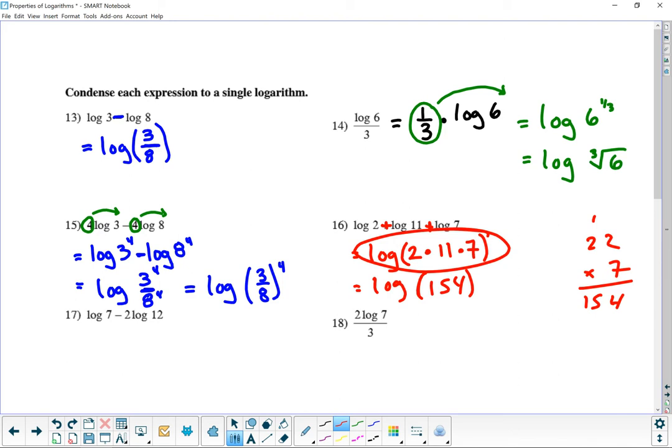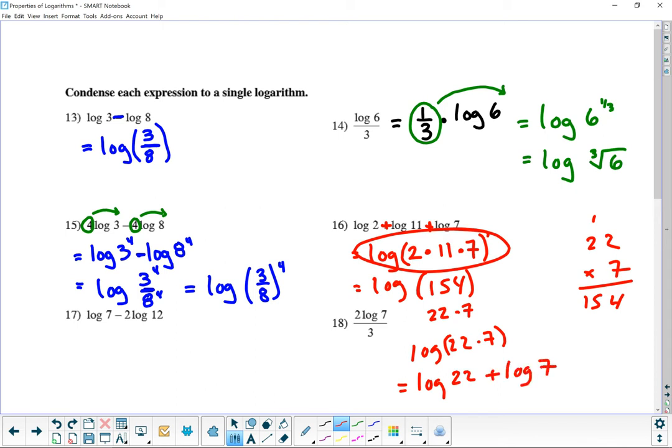Just to make it simple, this could have been 22 times 7, right? So it could be log of 22 times 7, which is just log of 22 plus log of 7.